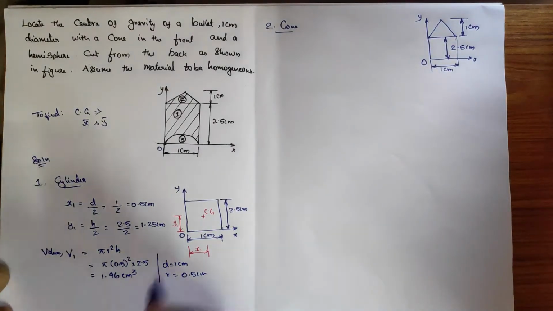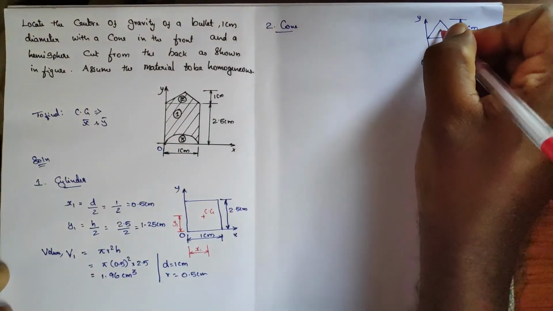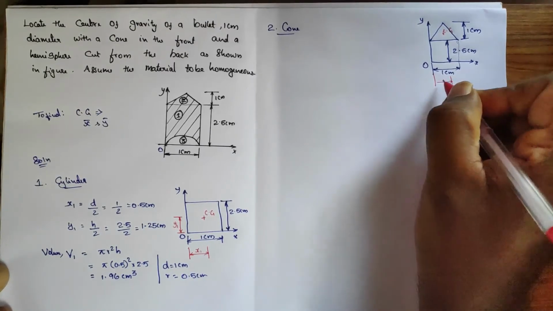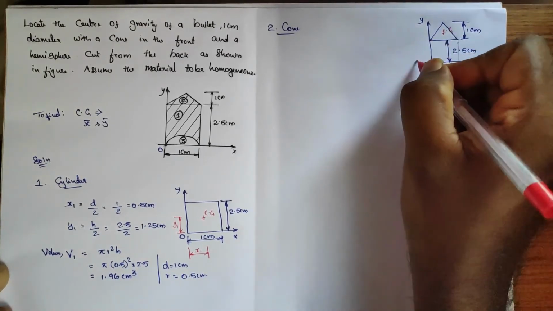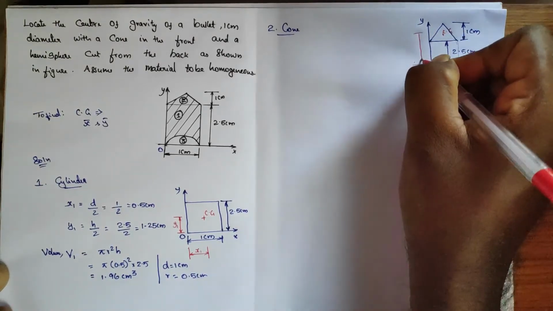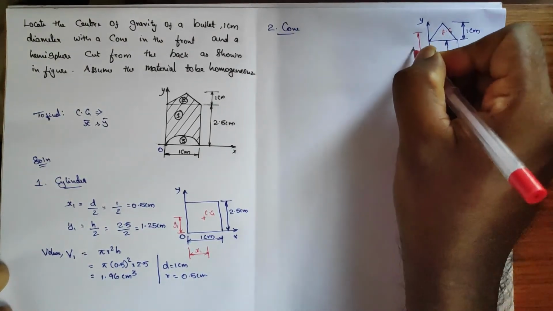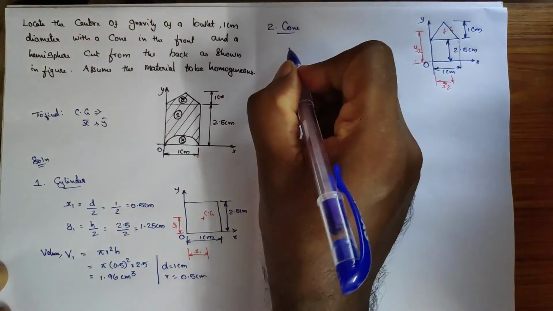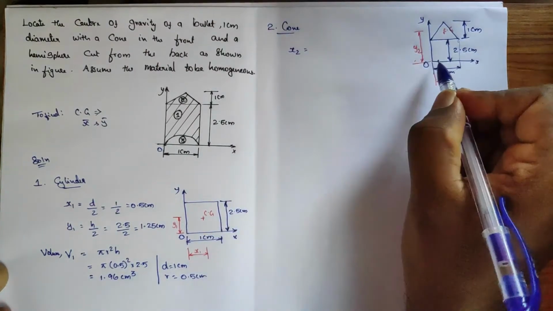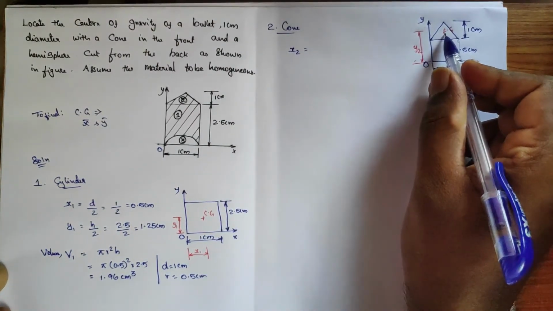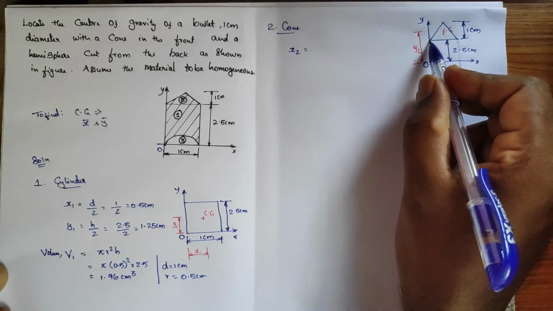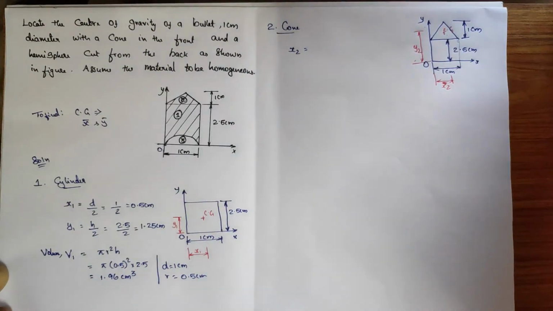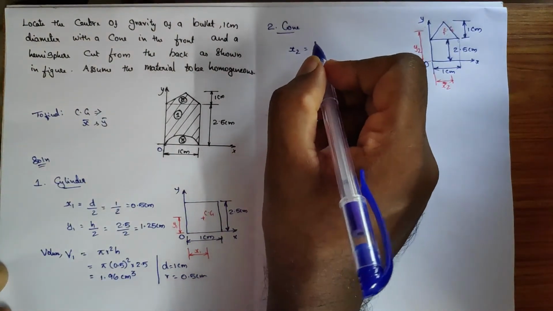Now it is time to plot the center of gravity. We need to find x2 and y2. x2 is from OY to this particular CG distance. The component starts from the OY line. Now directly put the self-centroid formula for the cone.